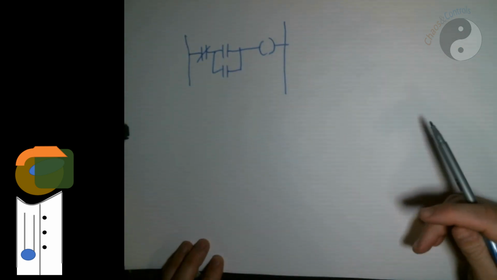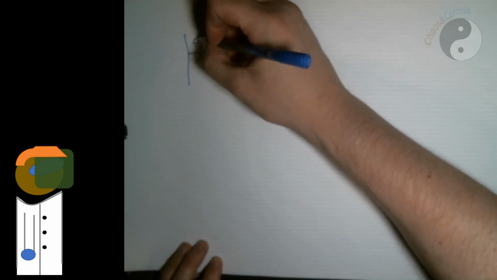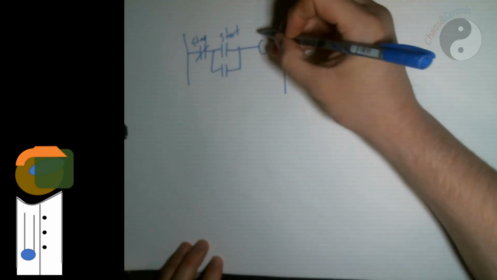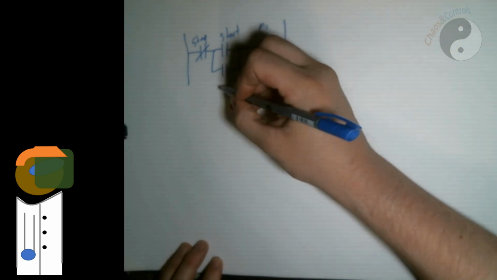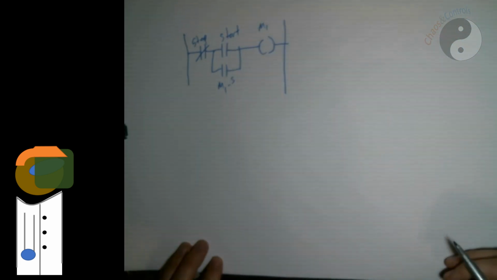Modern stuff, you'll find a mix. Some people throw homage back to the plotter days, some people just make it a circle. We'll go ahead and fill these in as stop, start. This is going to be M1, and this is going to be M1_status.